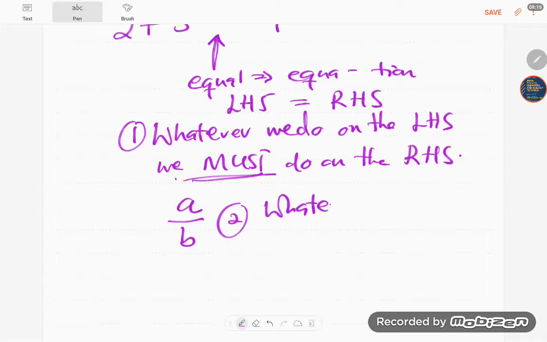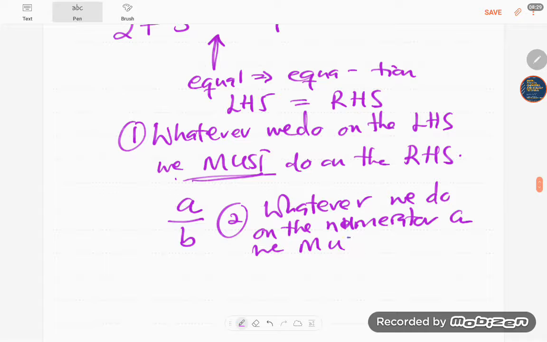Whatever we do on the numerator, which is our A, apologies, on the numerator, A, we must do on the denominator. And this is expressly for multiplication and division, okay? It's expressly for multiplication and division. With addition, it can change, addition and subtraction, it can change a whole lot of things.